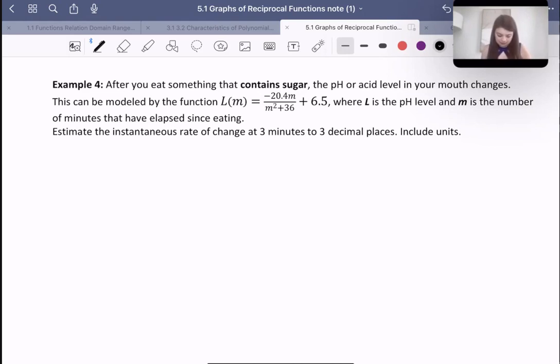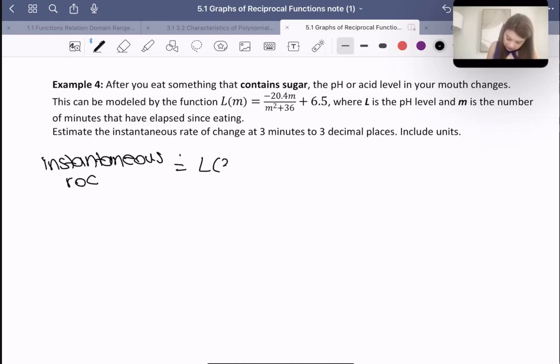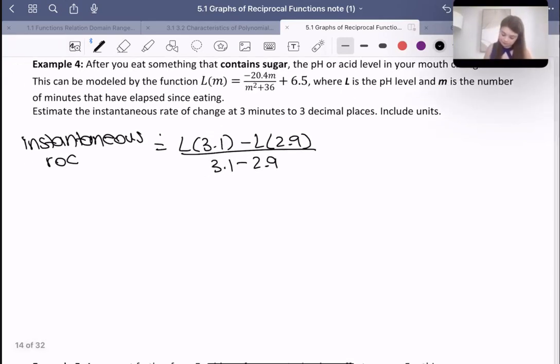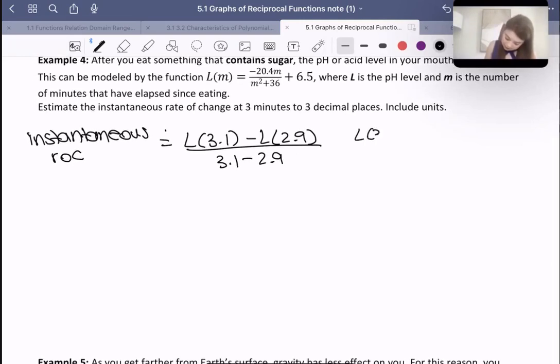Okay, so our instantaneous rate of change at 3 minutes is going to be about L of 3.1 minus L of 2.9 over 3.1 minus 2.9. All right, so what's L of 3.1?